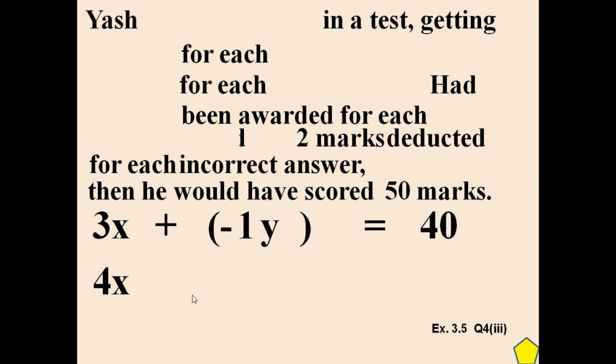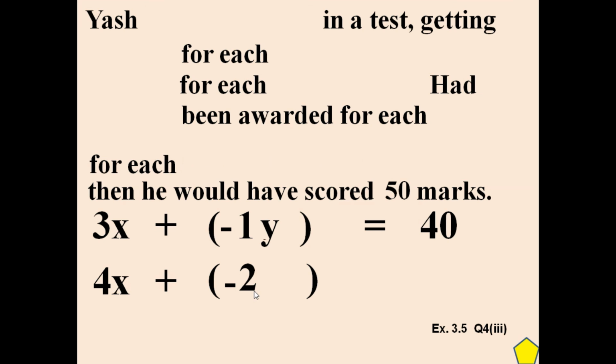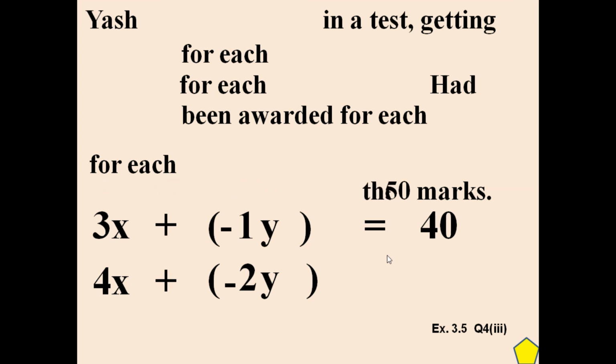And plus, 2 marks deducted means minus 2, and the incorrect answers are still y. So he is getting a minus 2y score there. And the total becomes 50 in this particular case.